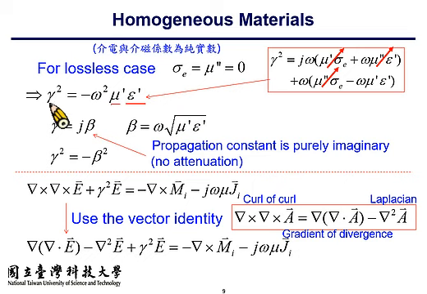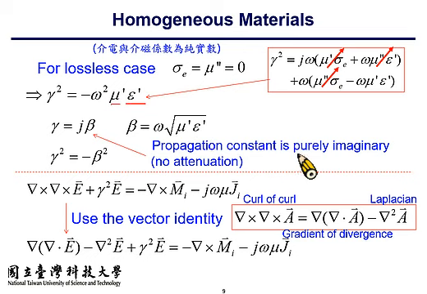As you can see here, for the lossless case, because the imaginary parts of epsilon and mu are both 0, gamma, the propagation constant, ends up as a pure imaginary number equal to j beta, and beta equals omega times the square root of mu prime times epsilon prime.